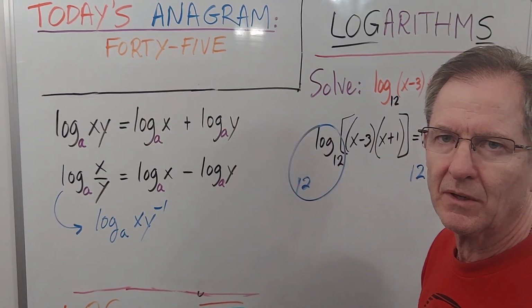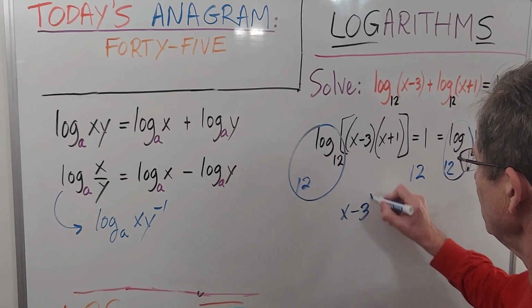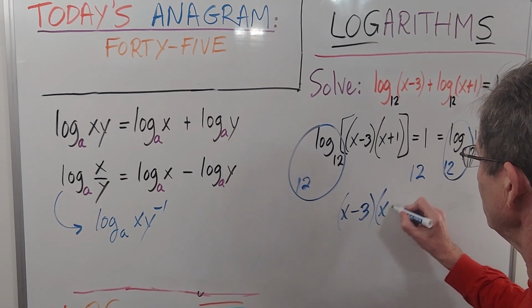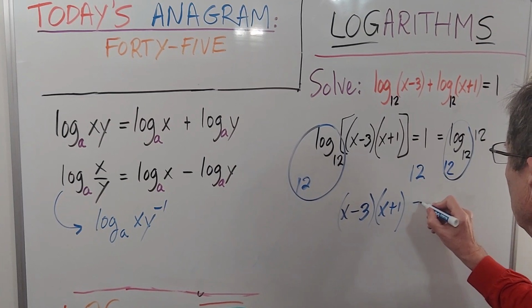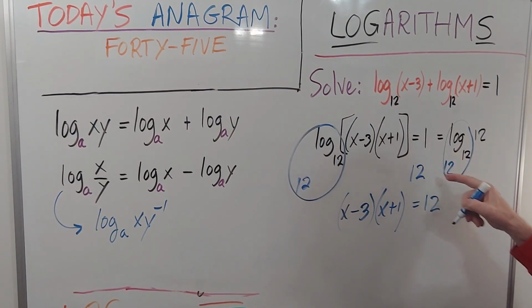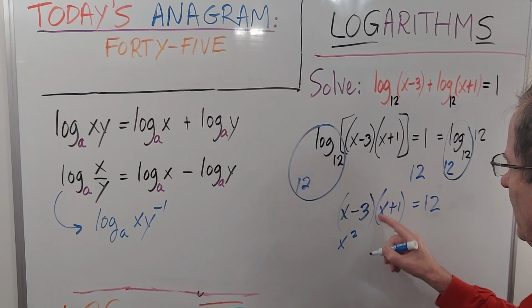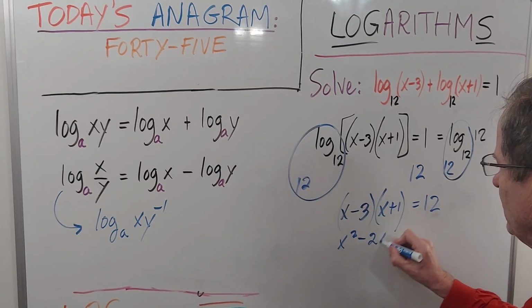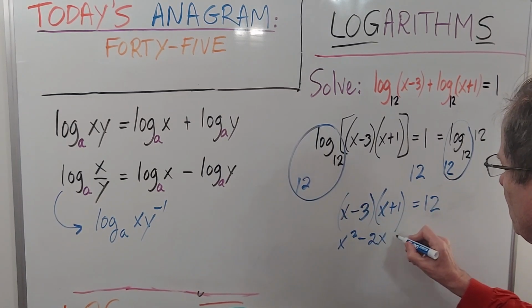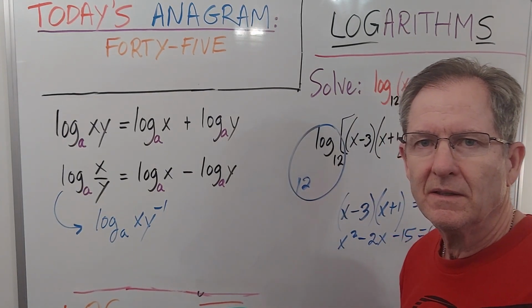We've mentioned that before. So I get x minus 3 times x plus 1 equals 12, whether you look at it as 12 to the 1 or just 12 here. If I multiply that out, I get x squared, then minus 3x plus x, so minus 2x, minus 3, but if I bring the 12 over, minus 15 equals 0.